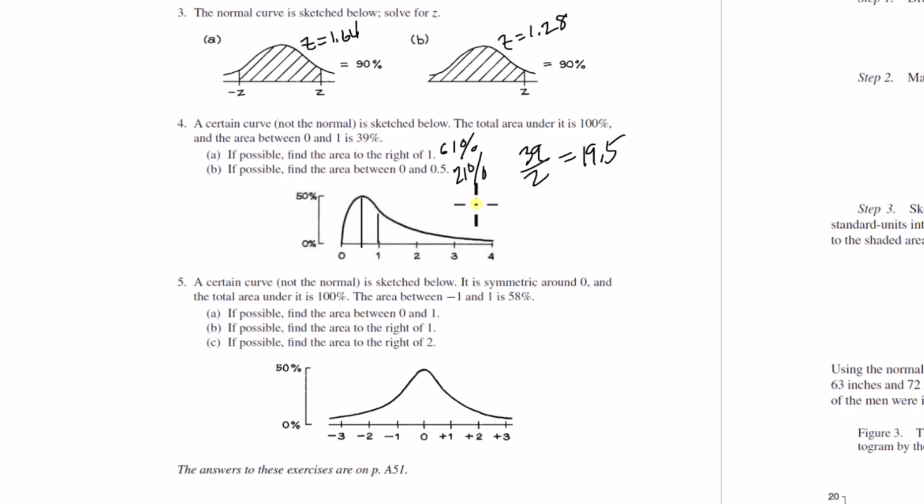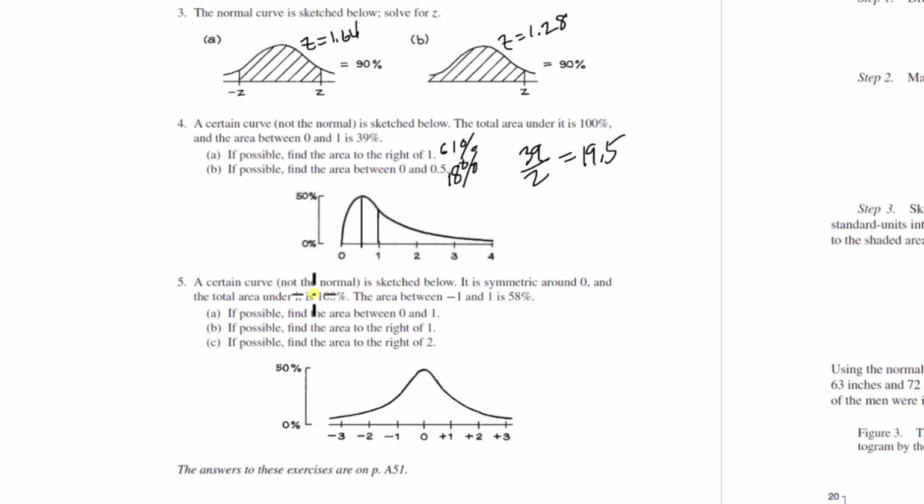Because this total area is 39%, if you draw a line down the middle, it's not quite cutting this in half. This is a little bit more than this. Half would be 19.5, 19.5. So I would say this is 18, this is 21. So I would say 18%. That should be in the ballpark.